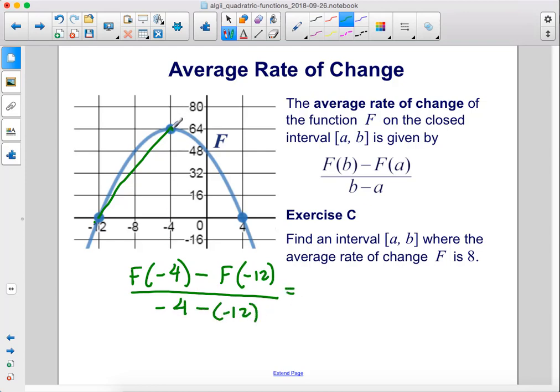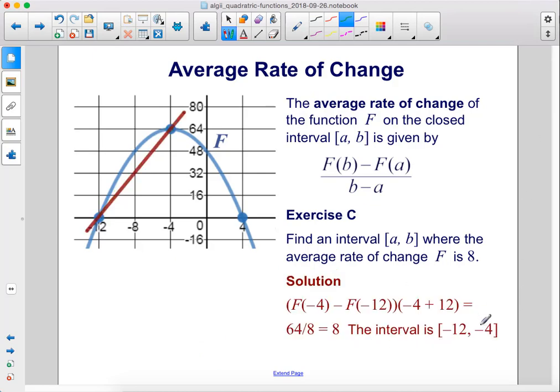So f of -4 is 64 minus f of -12, which is 0, divided by -4 plus 12, which is 8. 64 divided by 8 is 8. So yes, the interval would be from -12 to -4. The interval is -12 to -4.